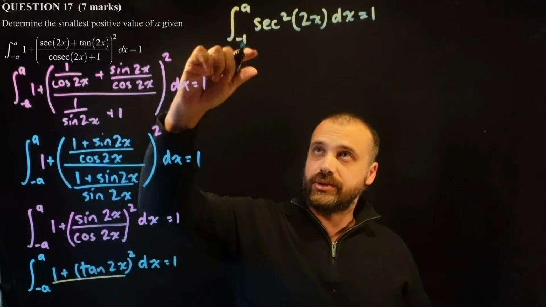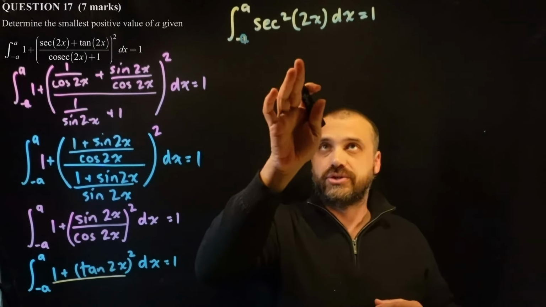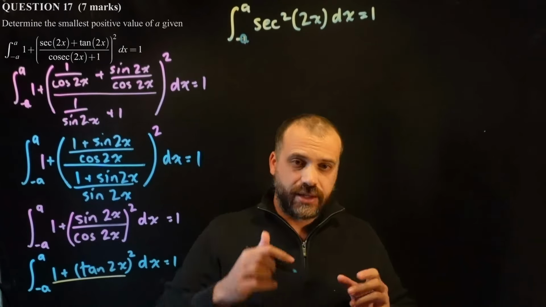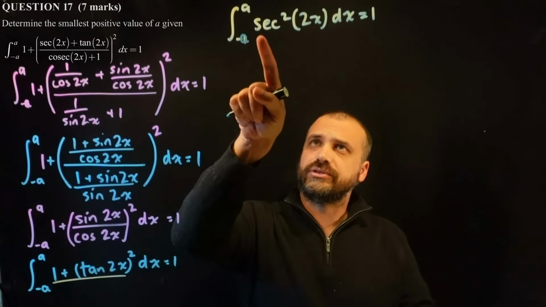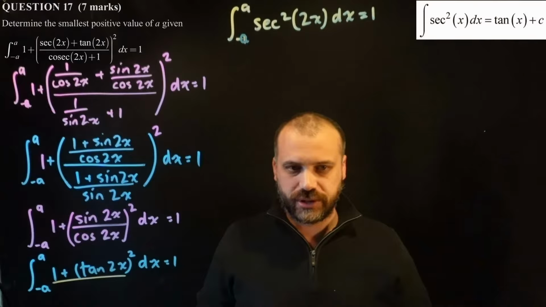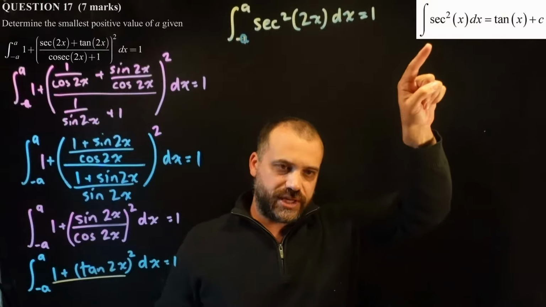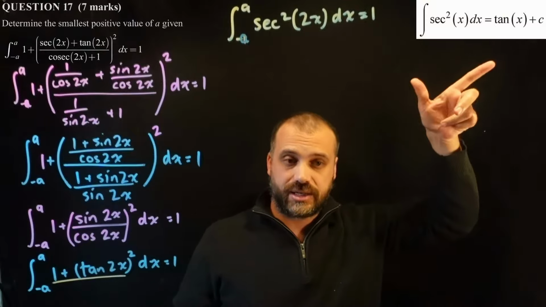I'm in business. I'm doing the integral between a and negative a, sec squared 2x with respect to x equal to 1. And you should be looking at integral sec squared, and you should be looking at your formula sheet, and you should be seeing something like this. The integral of sec squared x is equal to tan x plus c.